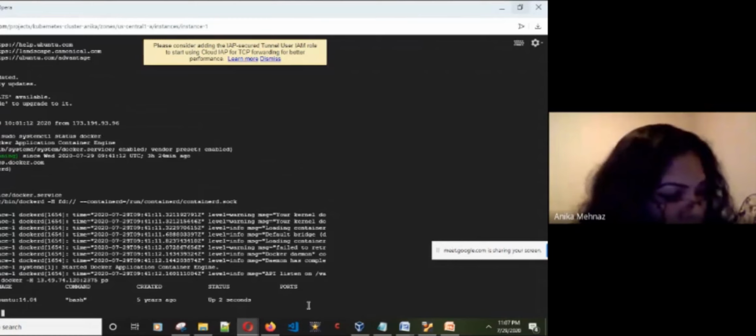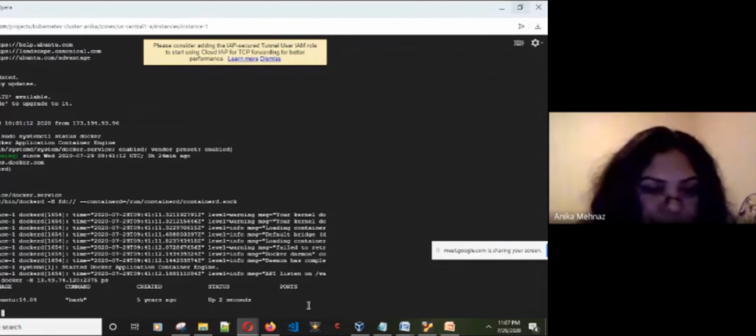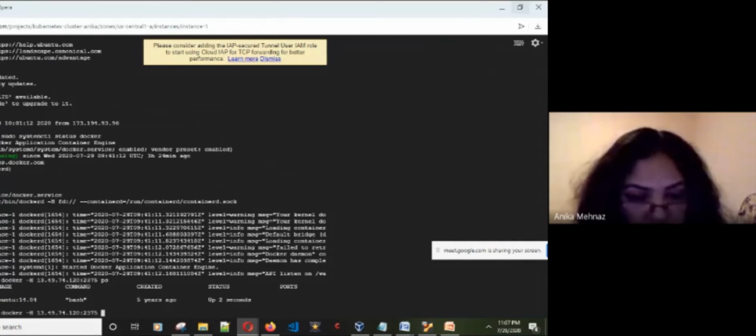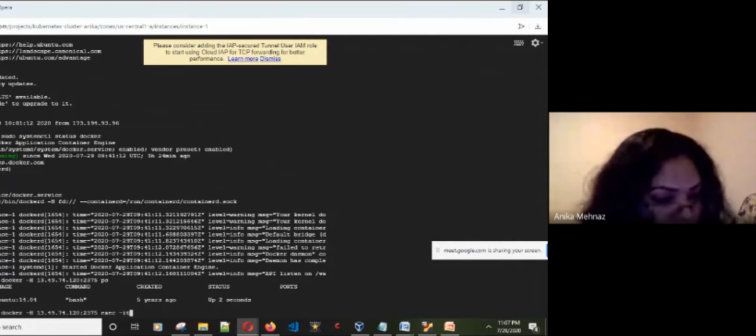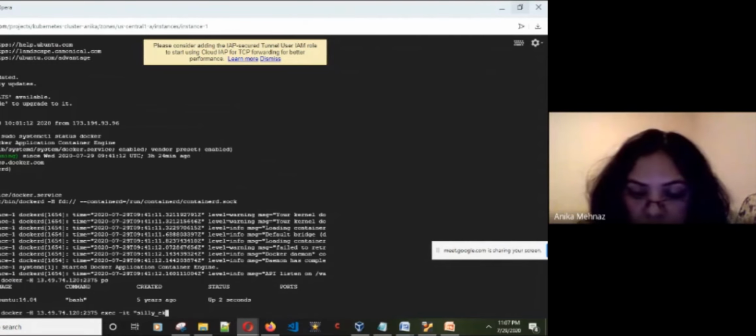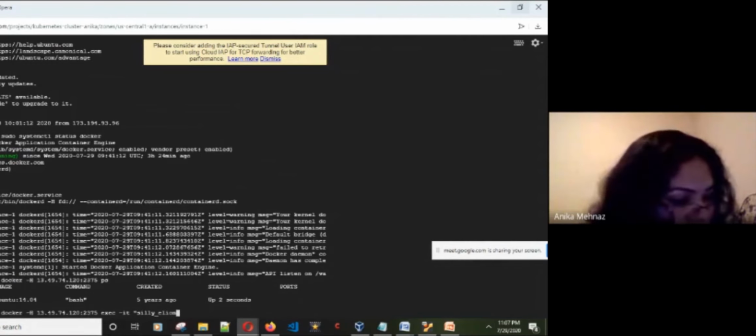The next command I'll be typing is the same one. This time, instead of ps, I'll put exec -it, then the name of the container. Let's just hope this works. Sometimes they work, sometimes they don't.